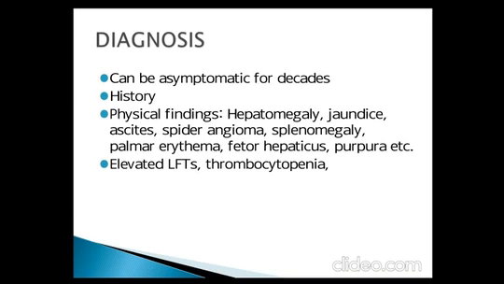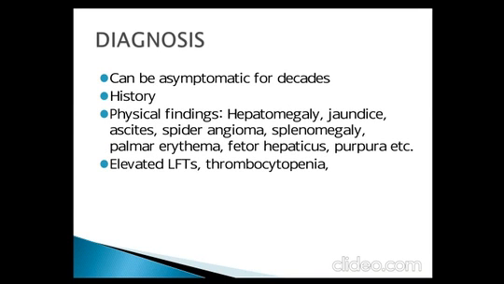Physical findings: hepatomegaly, the star finding, an important one, jaundice, ascites. See, the typical, when you see, the experienced physician can look at the patient and give a diagnosis. The alcoholic patient will have a dull face, thinned out hands, thinned out legs, a big tummy.